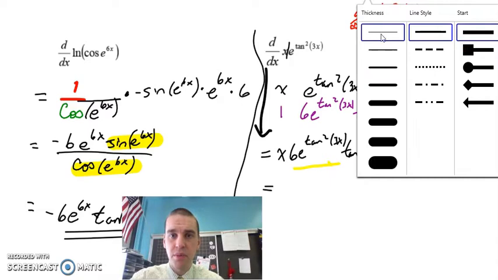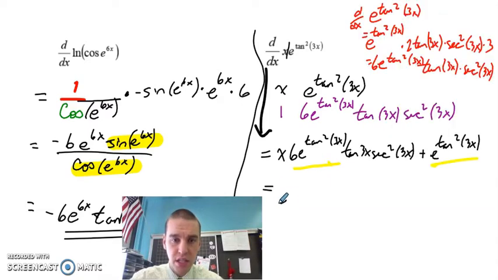So the last step that we could do is pull out an e to the tan squared 3x, then multiply that by x, 6x, excuse me.